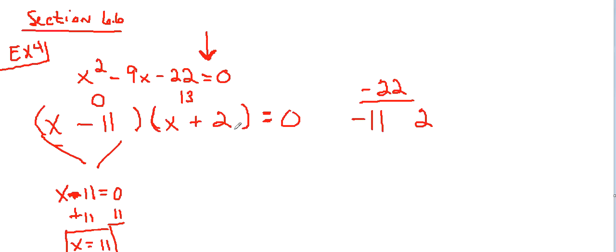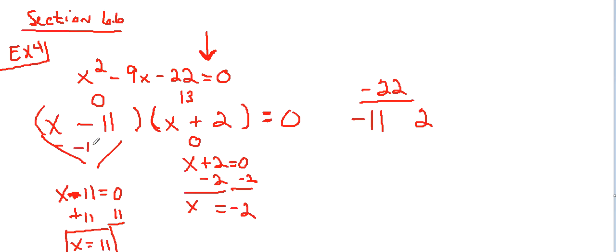I'm going to do the same thing for the x plus 2 here. X plus 2 equals 0. Subtract 2 from both sides, and what do we got? I've got x equals negative 2. And if x equals negative 2, then this would be negative 2 plus 2, which is 0, and negative 2 minus 11, which is negative 13.